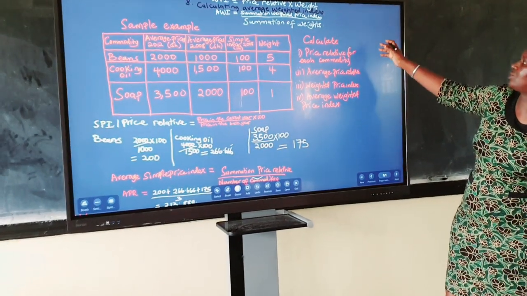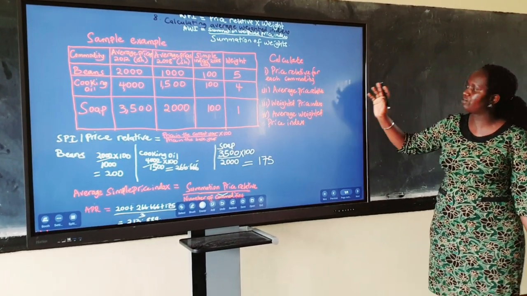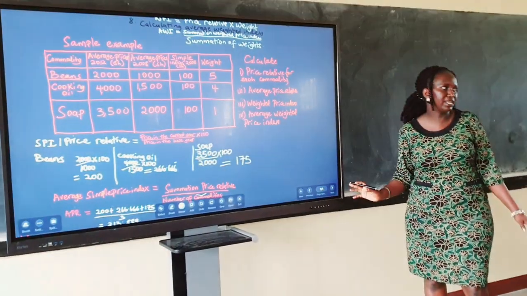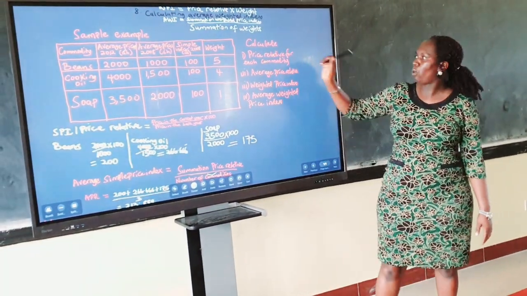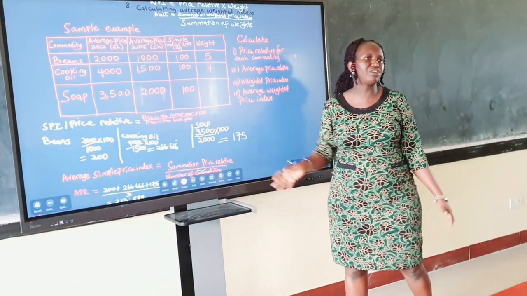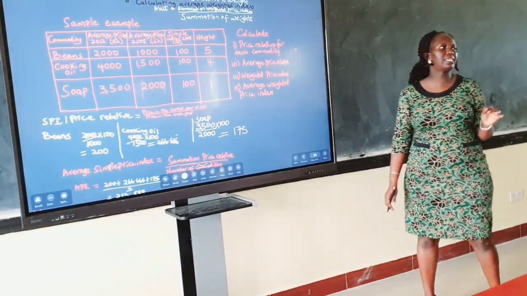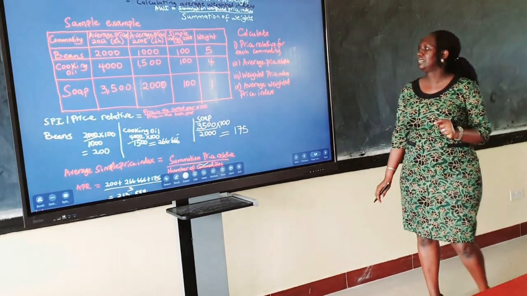And we are tasked to calculate the price relative, average price relative, weighted index, average weighted index. Using this table, where you see the year 2008 and the index is 100 throughout, it is to tell us that 2008 was the base year.